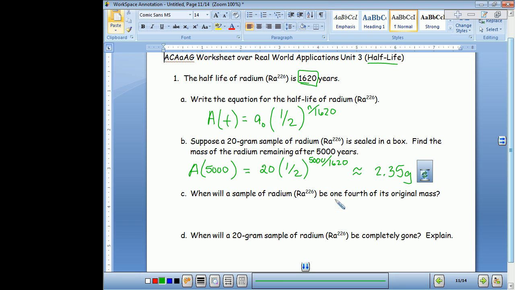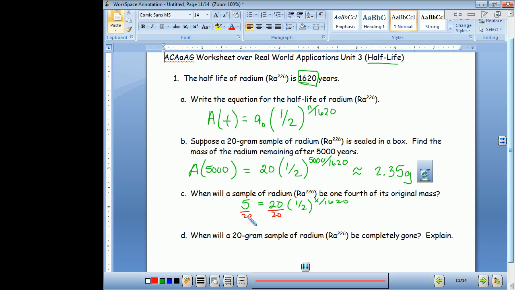Okay, when will this be a fourth of its original amount? So, no matter what the original amount was, let's say it was 20. What is a fourth of 20? So we want 5 grams remaining because 1/4 of 20 is 5. You're going to see something interesting happen in just a second. Now when we're solving this, we have to get rid of anything extra, which for us would be divide by 20.